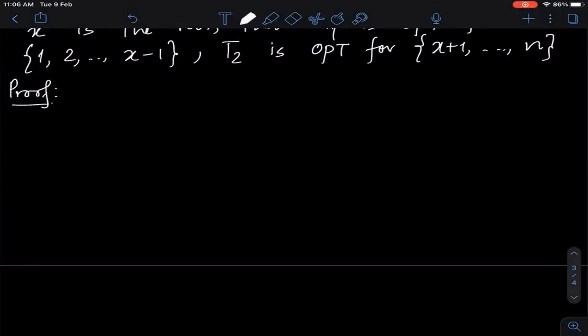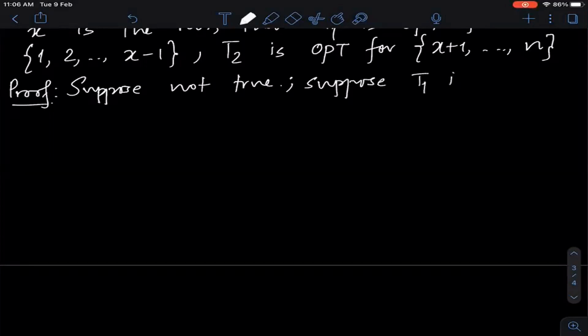Okay, good. So again, we will use contradiction. So suppose this is not true. So suppose T1 is not optimal for 1 to x minus 1.